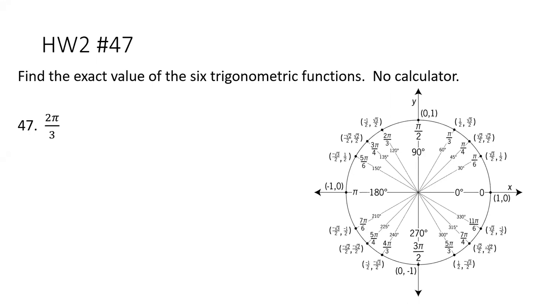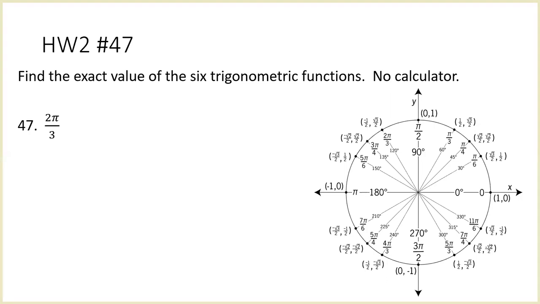2 pi over 3 is an angle on your unit circle. So 2 pi over 3 is equivalent to 120 degrees. So this is what we're looking at on the unit circle. So we have to list all 6 trig ratios.